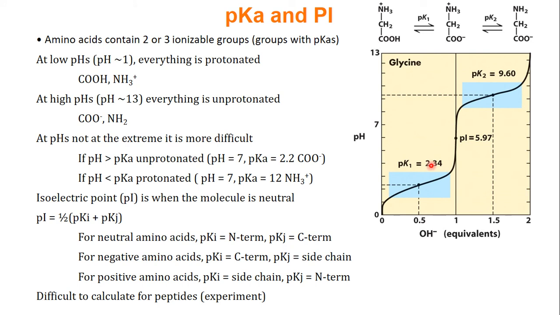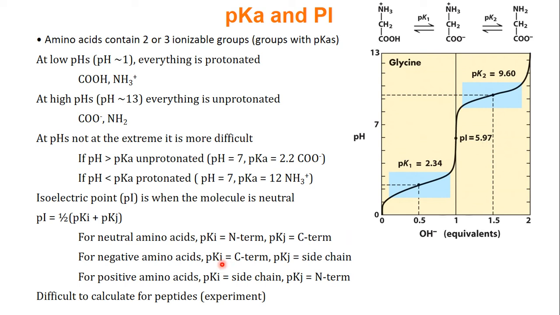So here we have glycine. pKj here is 2.34, pKi is 9.60. Plug them into this equation, and we find that glycine is neutral at a pH of 5.97. So that's what PI means. It's the pH you're neutral at.